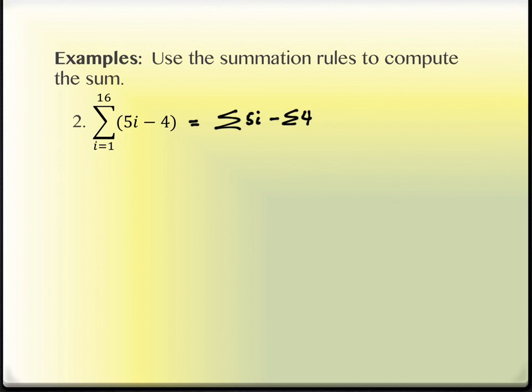Okay, and the 1 and the 16 are still there, but this isn't my final version of it. And then the last thing I'm going to do is take this 5 and move it in front. Okay, so I can separate all of these pieces so that there's a 5 at the beginning. It's the summation from i equals 1 to 16 of i minus the summation from i equals 1 to 16 of 4.